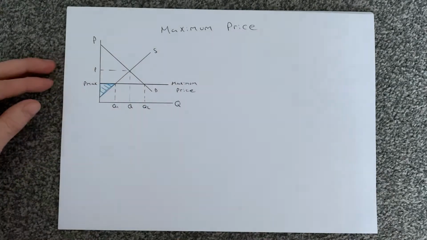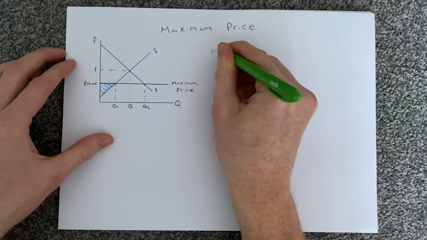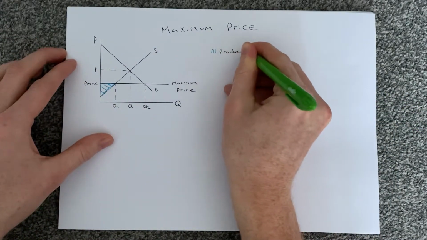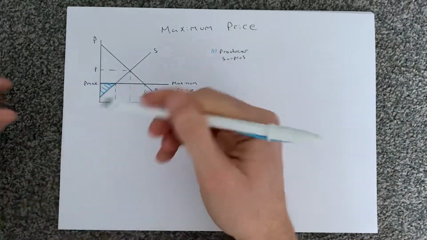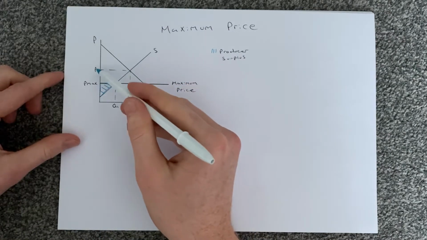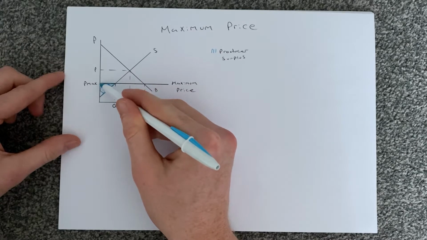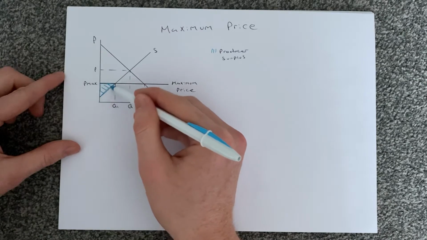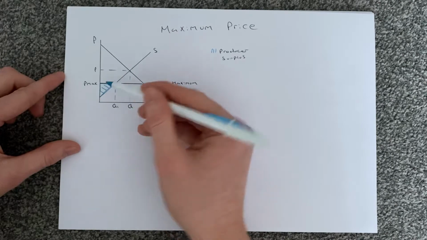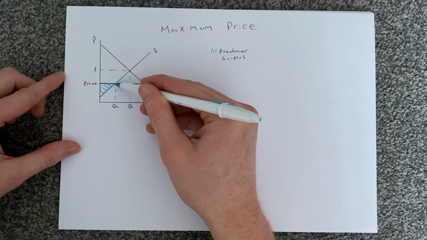We'll label that as producer surplus, because the price has been lowered from P to P max, so now the producer surplus has become a lot smaller because fewer producers are willing and able to sell at that lower price, and that's represented by only a quantity of Q1 being supplied.